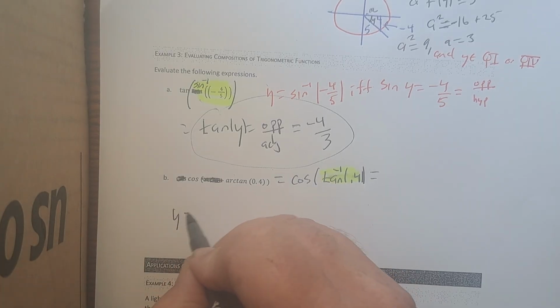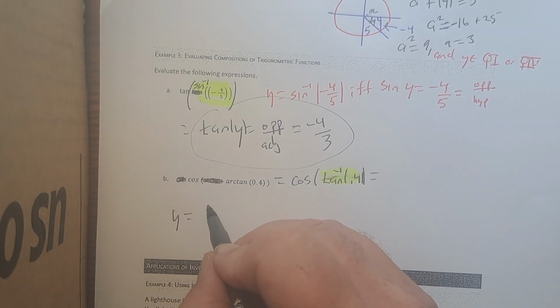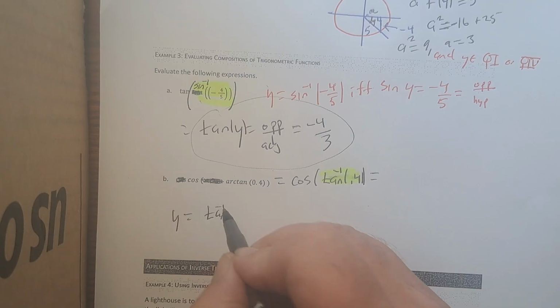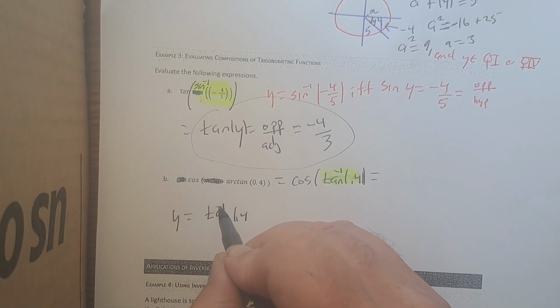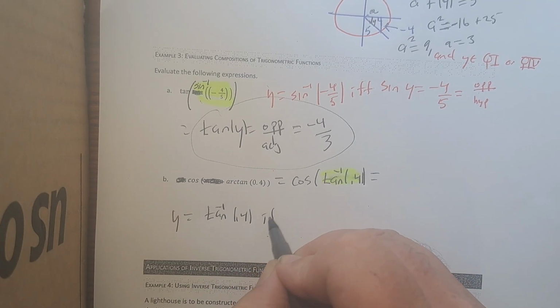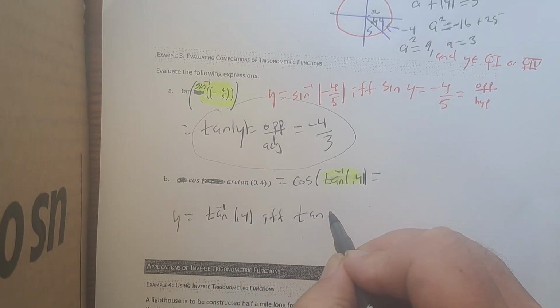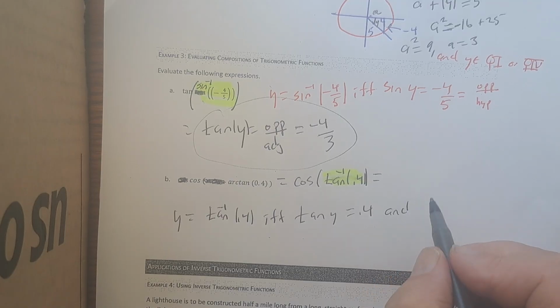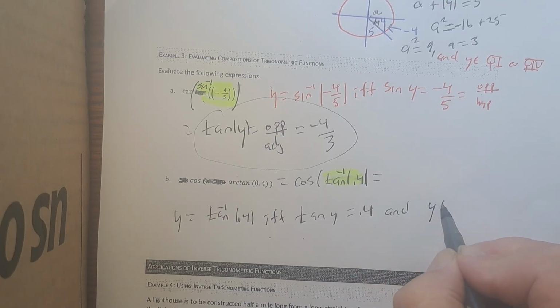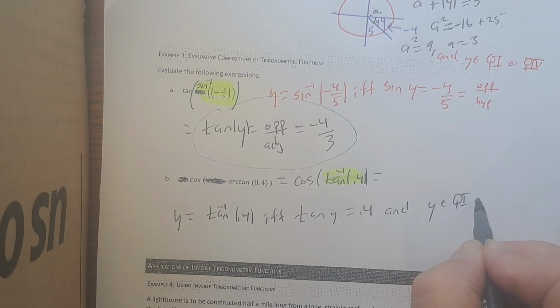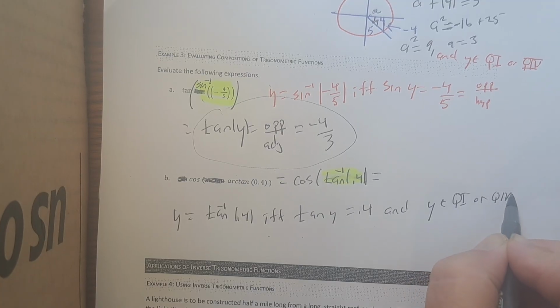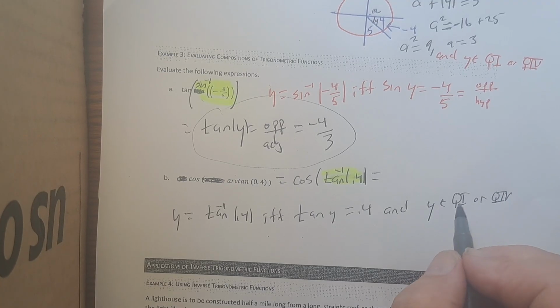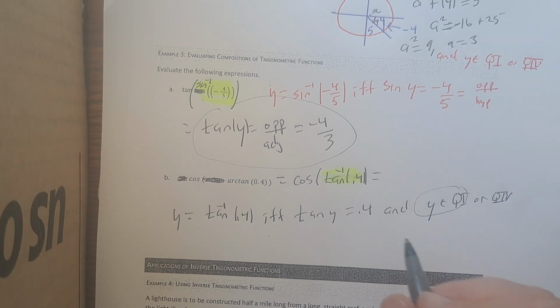So y is the inverse tangent of 0.4 if and only if tangent of y is equal to 0.4 and y comes from quadrant 1 or quadrant 4, but all of the trig functions are positive in the first quadrant, and this one is a positive number, so it has to be in the first quadrant.